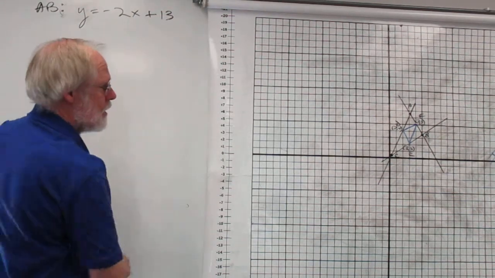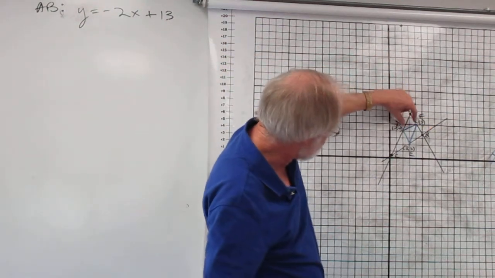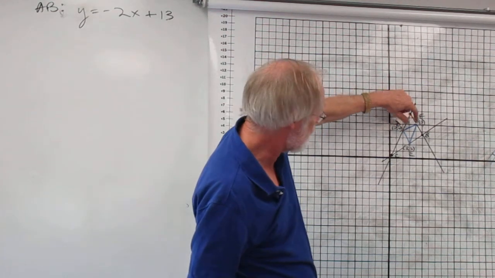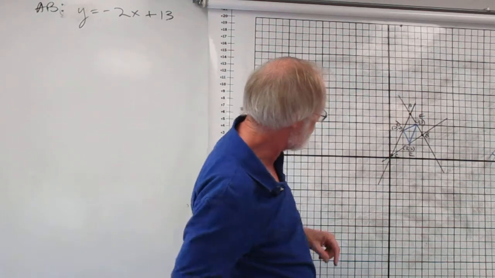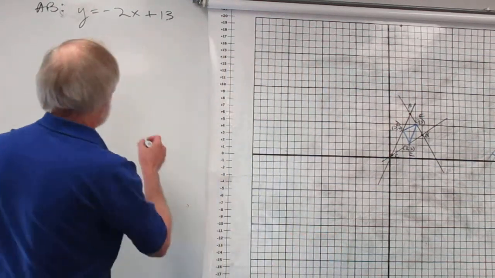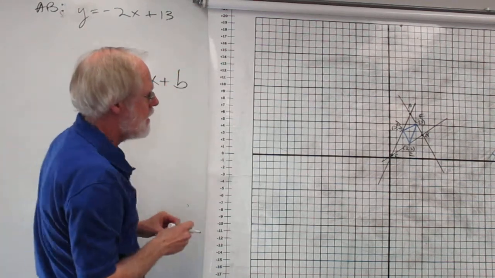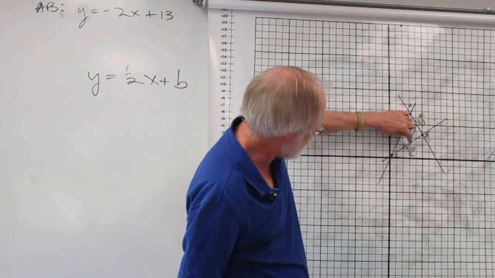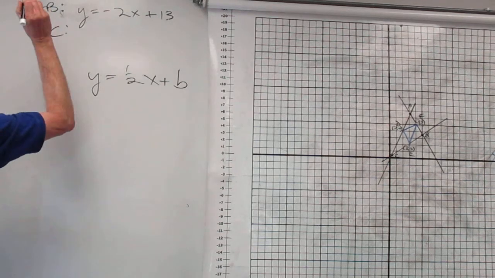The second one, let's look at BC. In order to do that, I have to find the slope of this line here, the blue line, which is parallel to it. 5 minus 4 is 1, 4 minus 2 is 2, that's a slope of 1/2. So y equals 1/2 x plus b. In order to find b, I put in (3, 2), because that's a point on this line BC, which is the one we're finding.